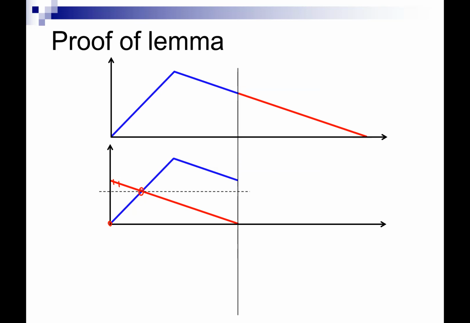And then after the intersection point, when you take the min, you need to take the red part, because the red part becomes the smaller of the two values after the intersection point.